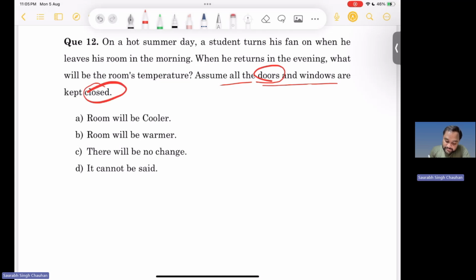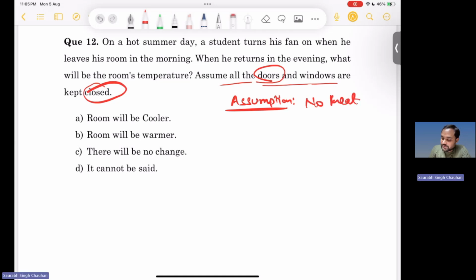So what this basically means is that we have to assume that there is no heat loss from the room. Even if the doors and windows are closed, there can be heat loss, but let us assume that there is no heat loss. Assumption: no heat loss.